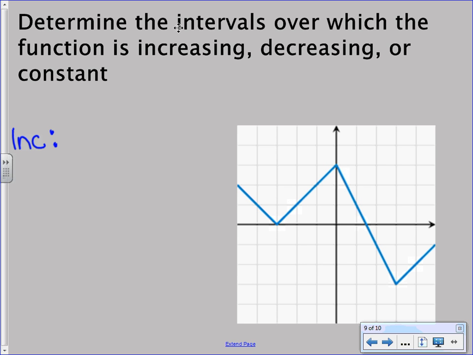So in interval notation, we're going to say from -3 to 0. Since it is switching directions at those places, we are going to not include those values because at -3 and at x is 0, it's not increasing or decreasing. Do you agree? It's switching directions, so I feel like we shouldn't include it.